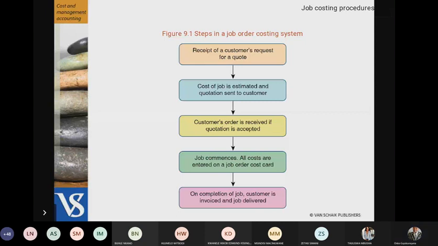Cost of job estimate is quoted and sent to the customer. Customer order is received. If the quotation is accepted, the job commences, all cost of the customer is invoiced, and the job is then delivered to the customer.